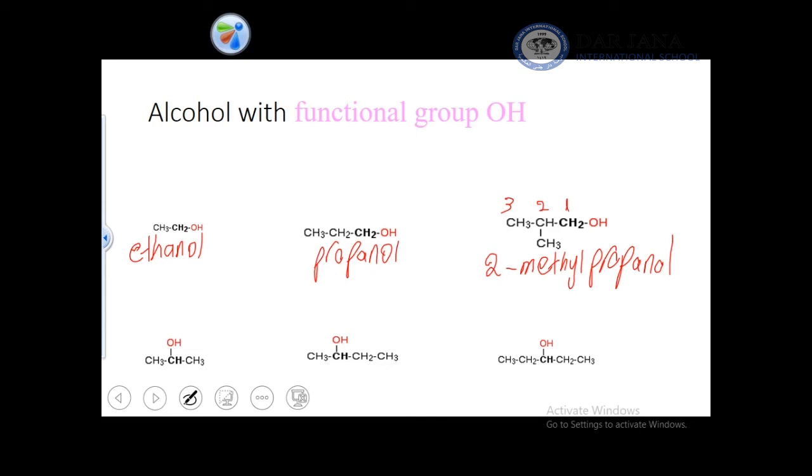Remove the final E from the parent alkane. So instead of propane, I put propanol. Remove the final E from the parent alkane and add OL.